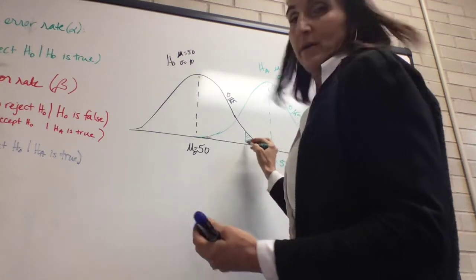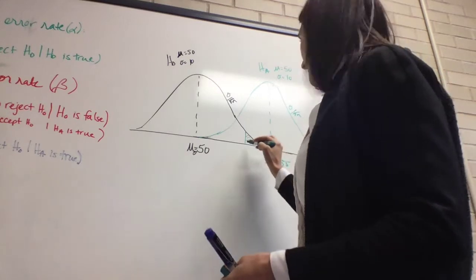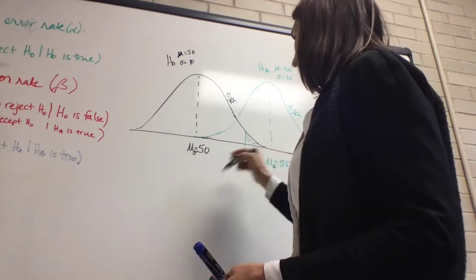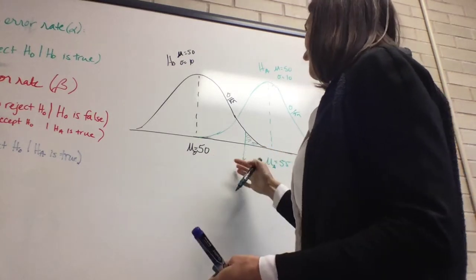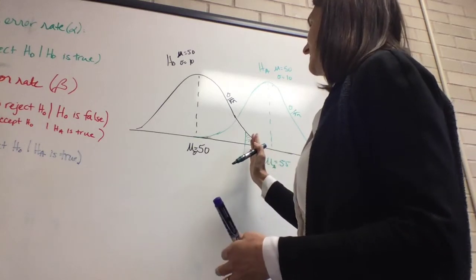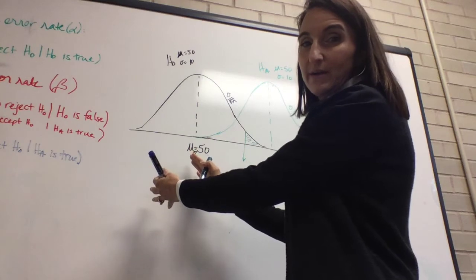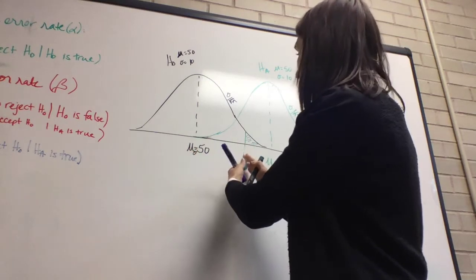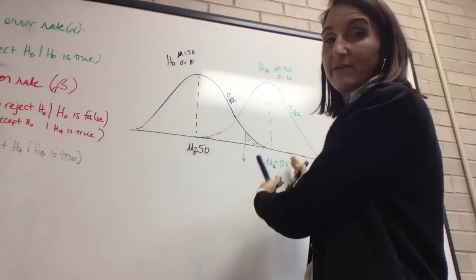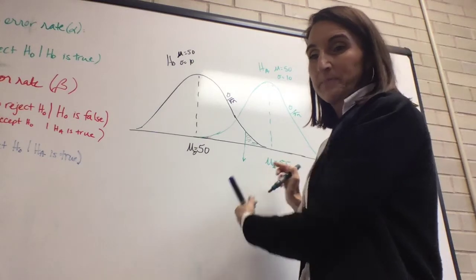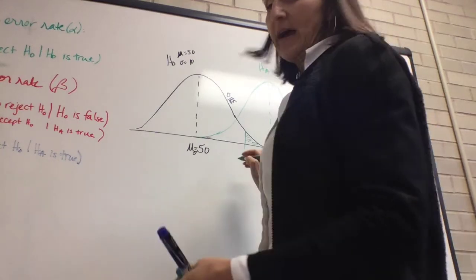We're going to try to find out what our upper bound is. It's going to be 50 something. What's that cutoff point for which we would say we're going to accept H naught here, but if it's above this point, we're going to reject H naught and favor the alternate hypothesis? So you know how to set that.